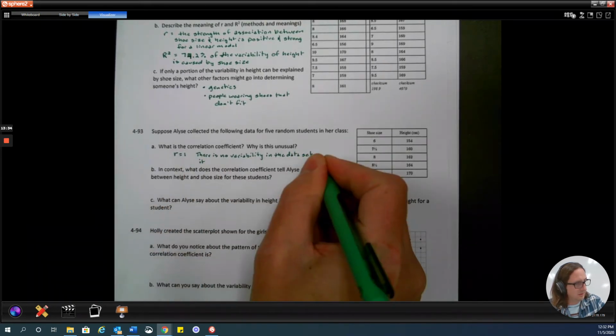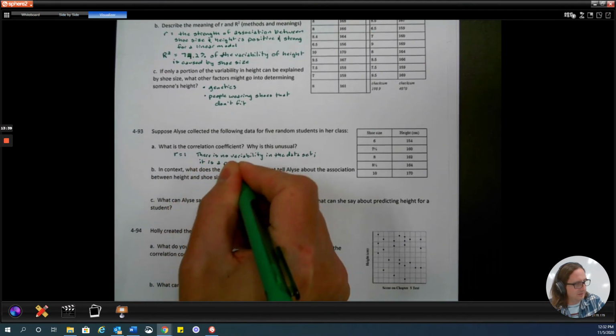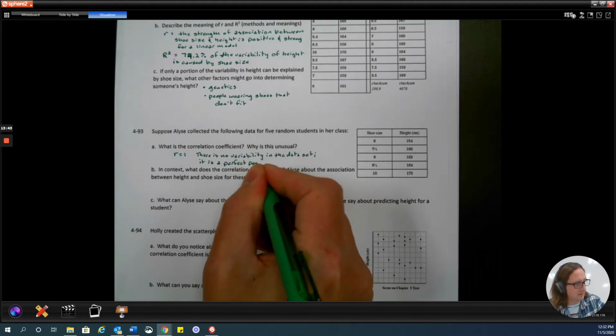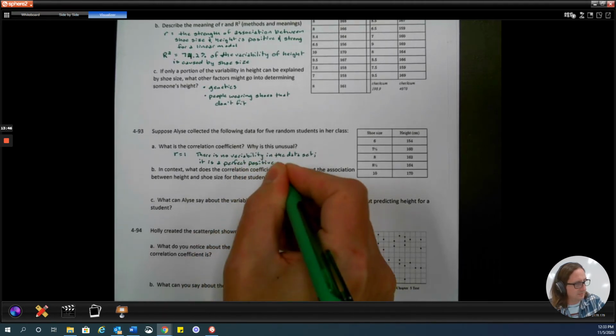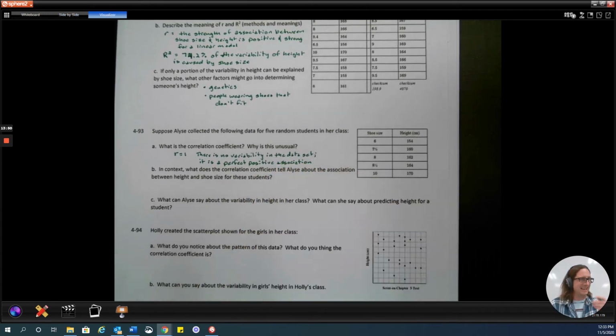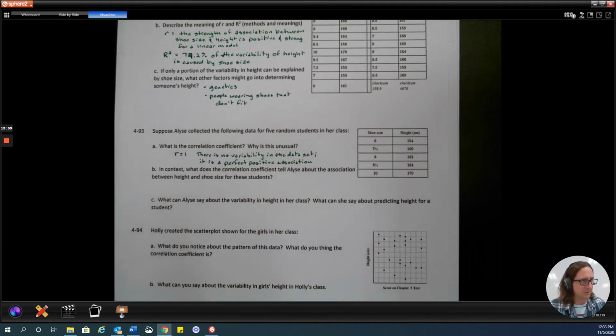It is a perfect positive association. All right, so this is supposed to be data where stuff doesn't make a perfect line. So this is odd. This shouldn't really happen a lot. There's no variability. All the data is in a perfect line. There are no residuals. That's what we're talking about with variability. It's all in a straight line, and the R value is 1.